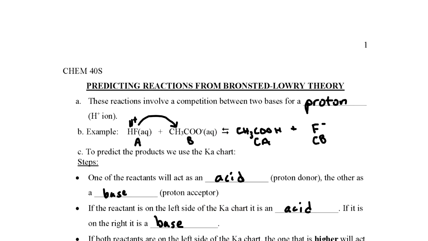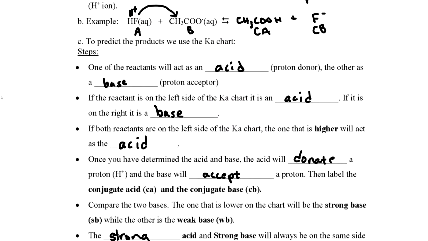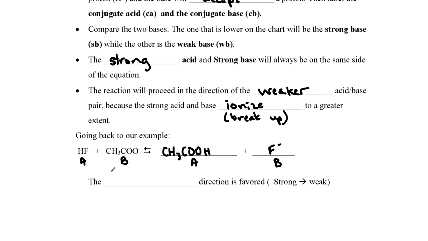So I'm going to go back and I'm going to label that the strong base is the acetate ion. Therefore, this would be your strong acid because they're always going to pair together on the same side. And these guys then would be the weak acid and the weak base.